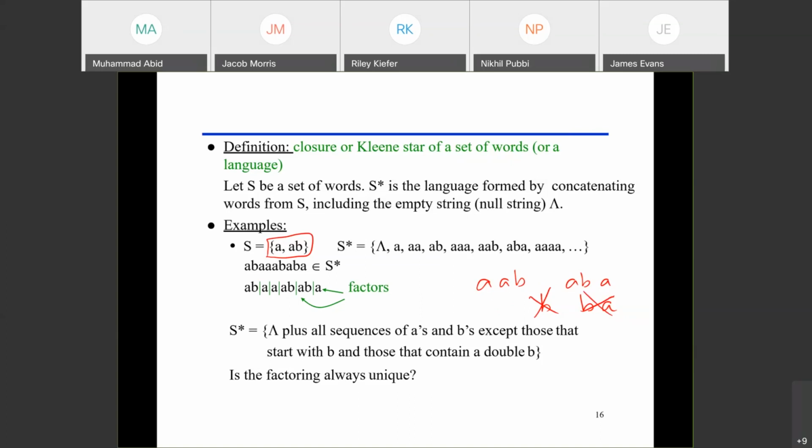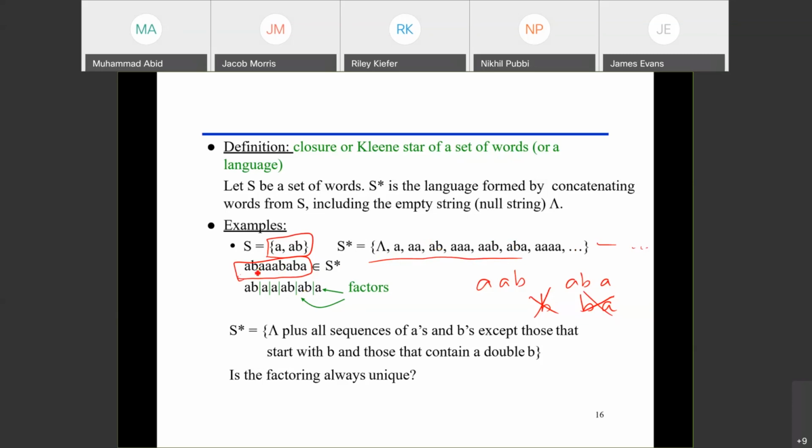And now we are saying that we want to make a factor. We have this word and we want to know whether this word belongs to this language or not, because the language is infinite. Somewhere here we have this word. How do we figure out that this word is part of this?